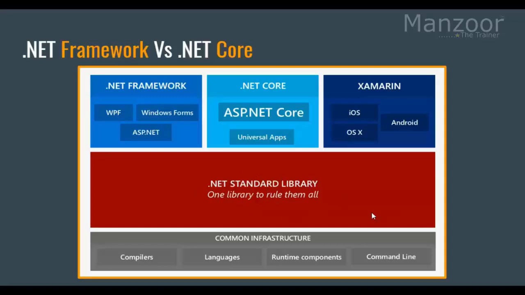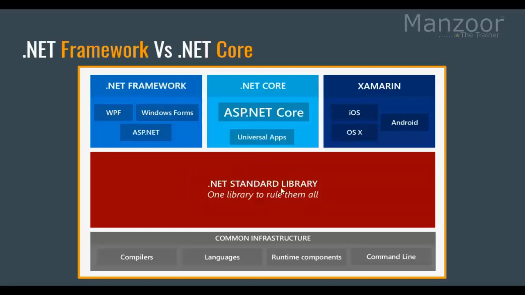And we have the standard library. So you can create your DLL in the .NET standard library and use it in .NET Framework applications and .NET Core applications. Normally if we create a library in .NET Core, I cannot use the DLL in .NET Framework applications. If I create a library in .NET Framework, I cannot use it in .NET Core applications. So what Microsoft has done, they came up with a new library, the standard library.